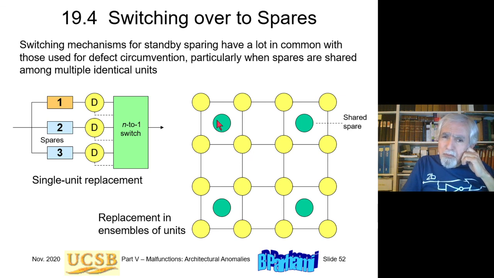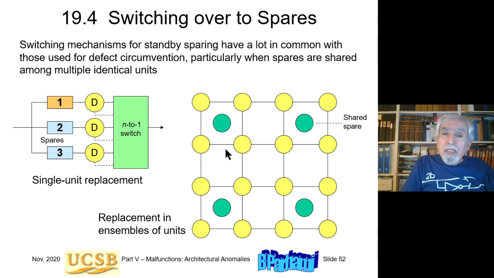If it wants to take over for this one, it better be able to communicate with this and this. If it wants to take over for this one, additionally, it has to be able to communicate with this one and this one. And finally, if it wants to take over for this, it should be able to communicate with this one and this one.